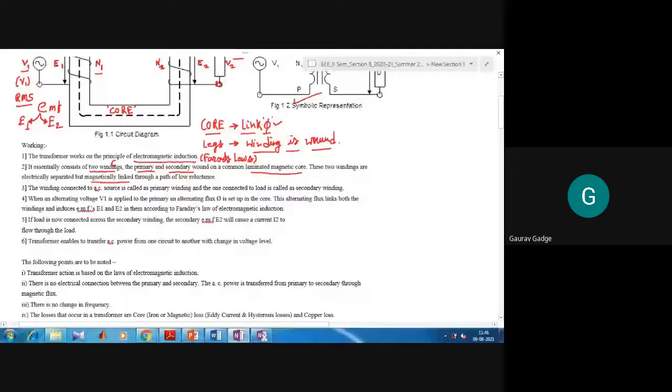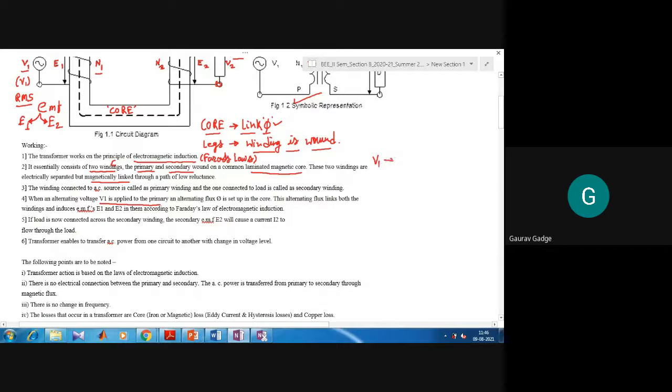Okay. Now, the winding connected to AC source is called as primary winding, and the one connected to load is called as secondary winding. When alternating voltage V1 is applied to the primary, okay, now what is happening? You are giving supply voltage V1 to this primary winding.